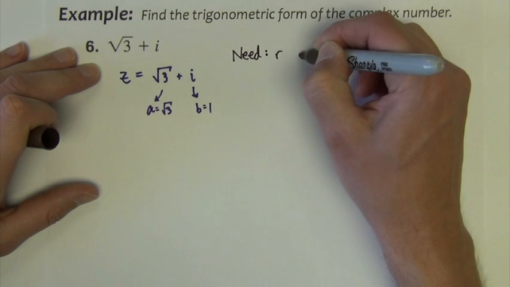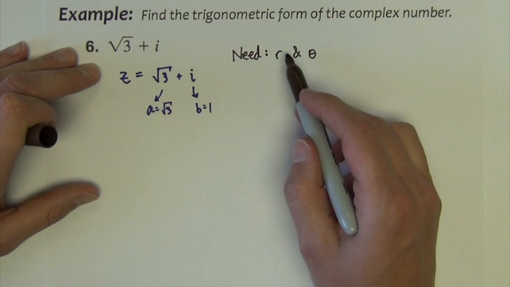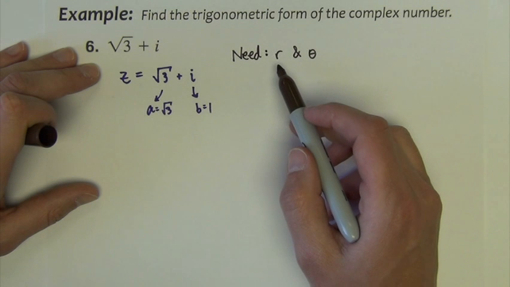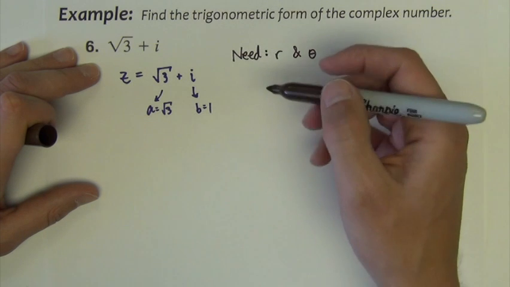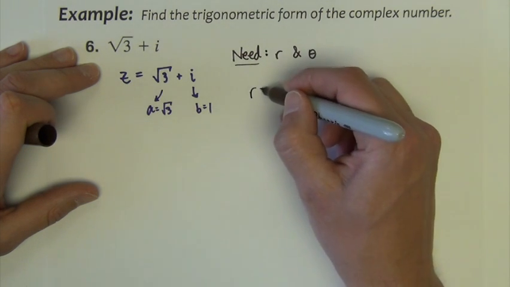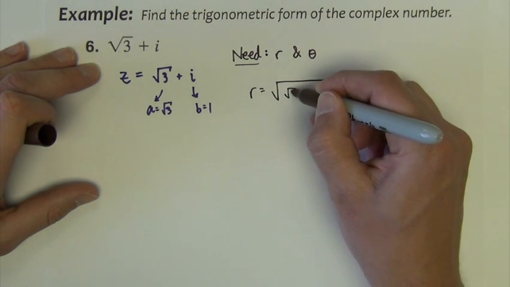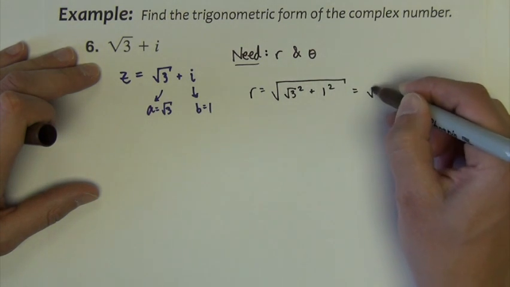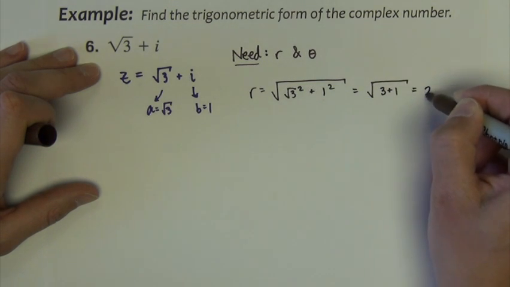We need to find the r and the theta. The r is essentially the absolute value. It's the length that the point is from the origin. So we can find the r by doing the square root of square root of 3 squared plus 1 squared. That is the square root of 3 plus 1, which is 2.